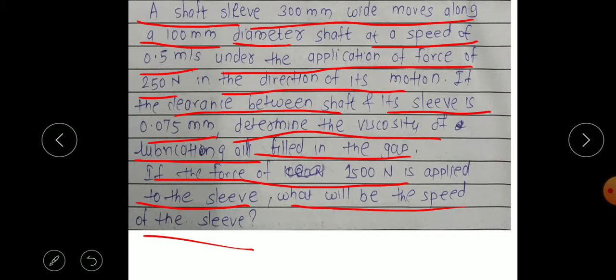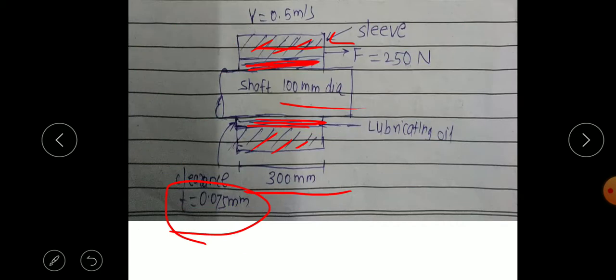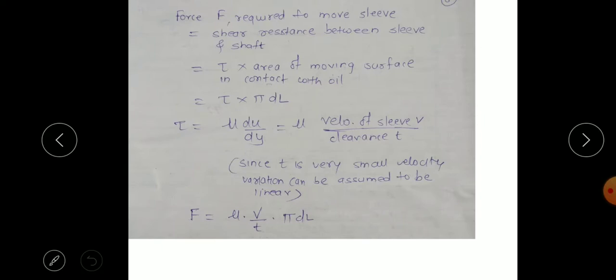So we have given the force, and from force we can find the shear stress. The force F required to move the sleeve will be the shear resistance between the sleeve and shaft. Shear resistance is the shear stress developed, tau, into the area of the moving surface in contact with the oil.